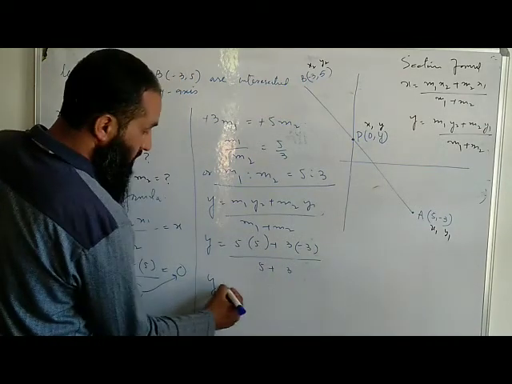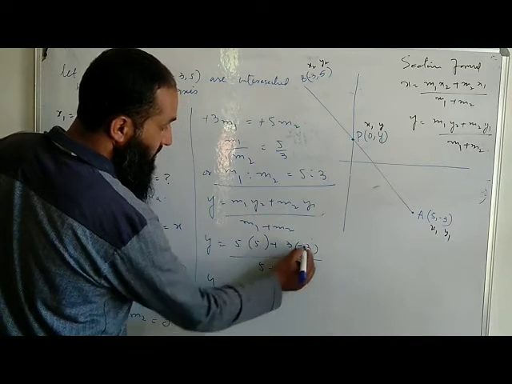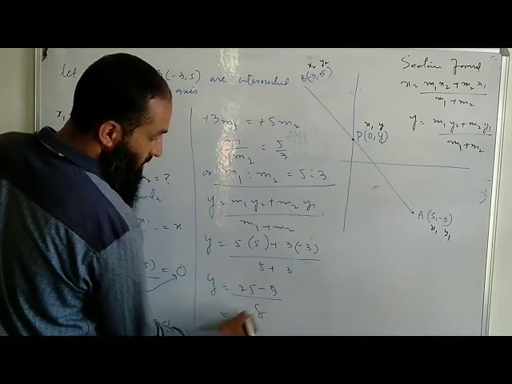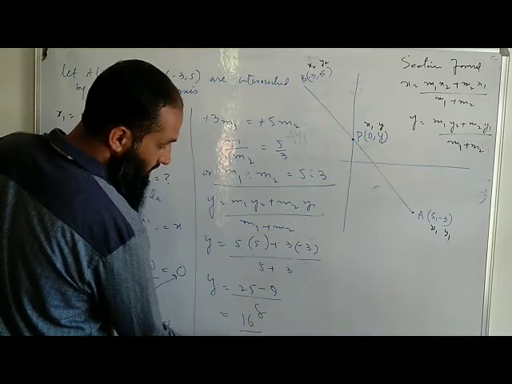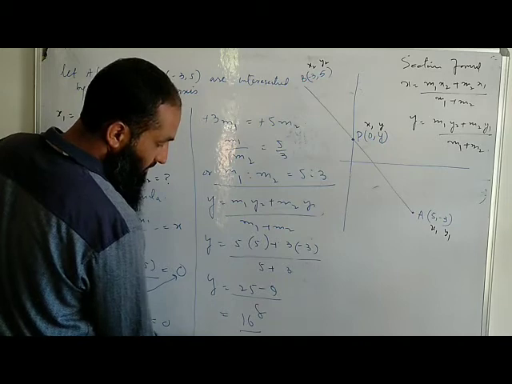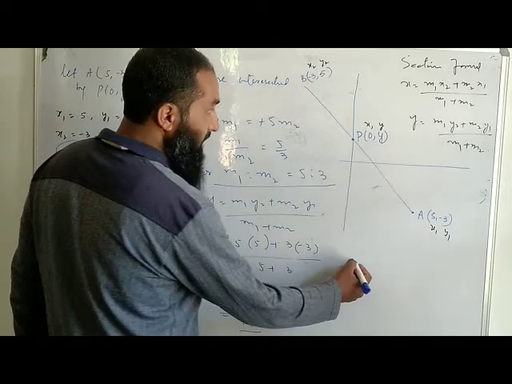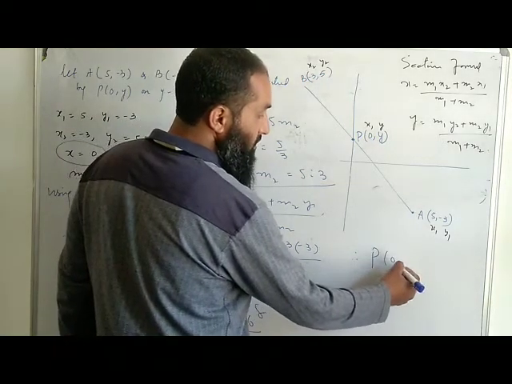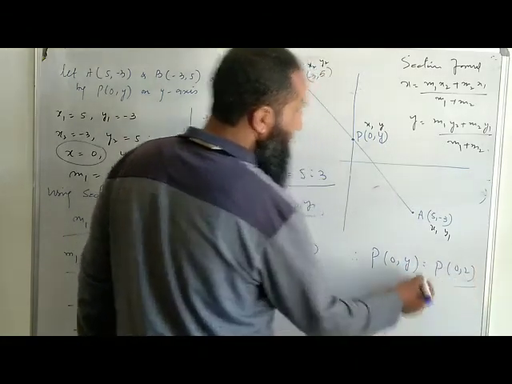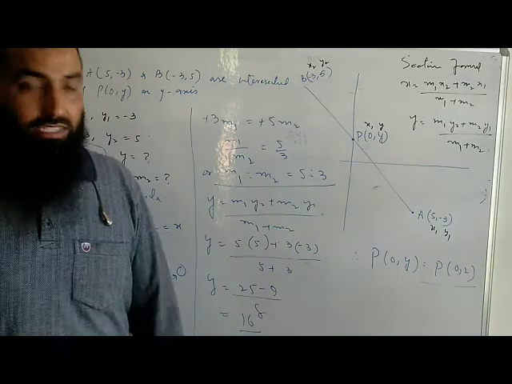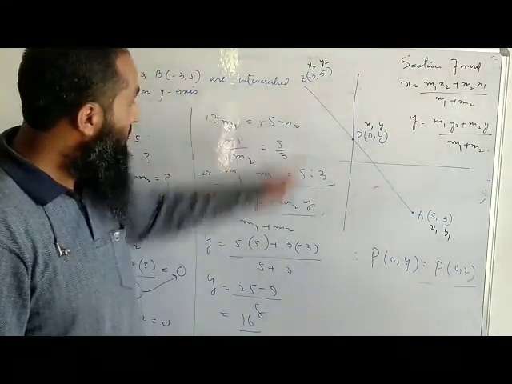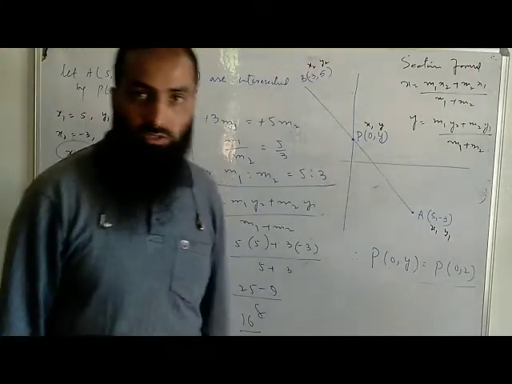So y is equivalent to (25 minus 9) divided by 8, which is 16 by 8. So y is equivalent to 2. Therefore, P(0, y) is equivalent to P(0, 2). This is the point on the y axis which intersects the line joining A and B in the ratio of 5:3.